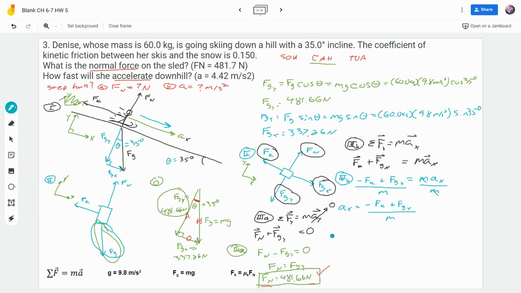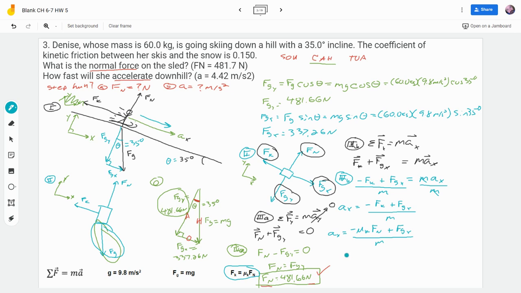And from here, this is kind of normal. F sub gx, I have that number. M, I have that number. F sub k, remember I've got to use this idea: f sub k is equal to mu sub k f sub n. So let me rewrite it in letters one more time. A sub x is going to be equal to, don't lose the minus sign, minus mu sub k f sub n plus f sub gx, all of this over m.